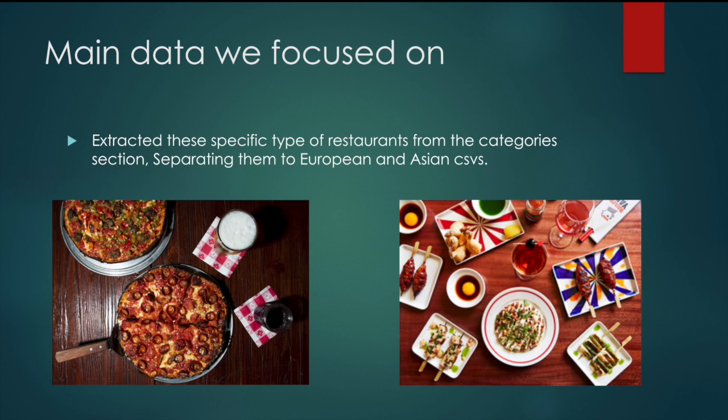Another issue that we had to account for was some restaurants may have only listed themselves as Chinese or French or Italian and may not have included the meta value Asian or European in their categories attributes. So we had to account for that too in our data processing.